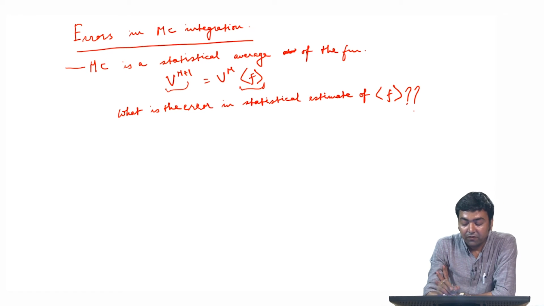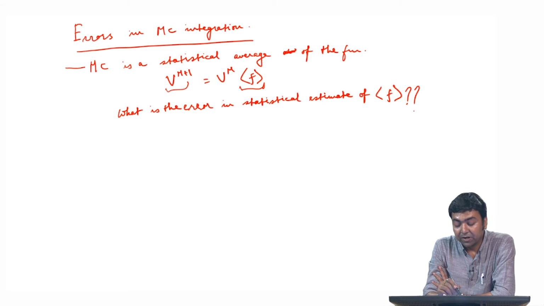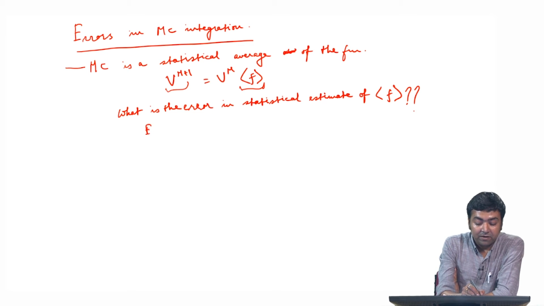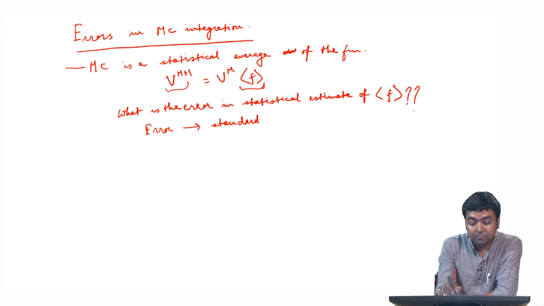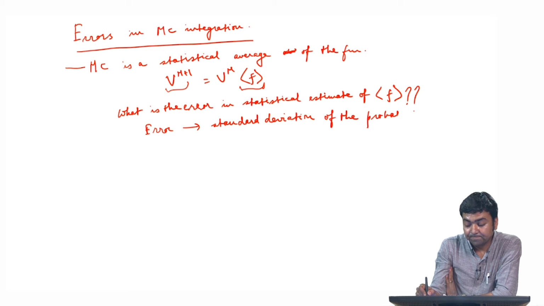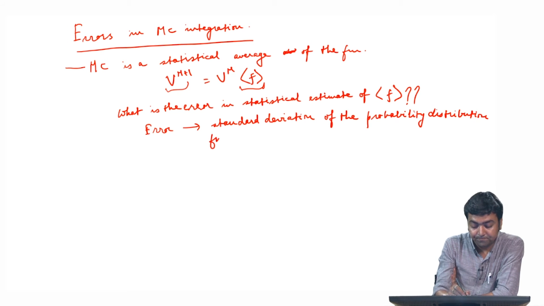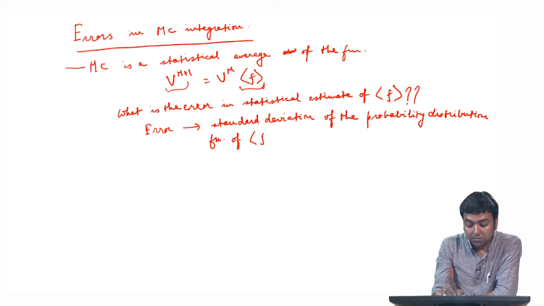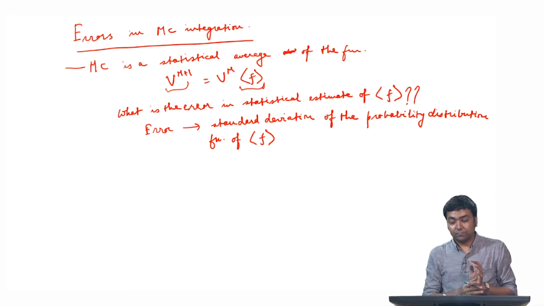Now, in general, when we are doing a statistical estimation or computing the average value of f statistically, the error depends on the standard deviation of the probability distribution function of the average value.